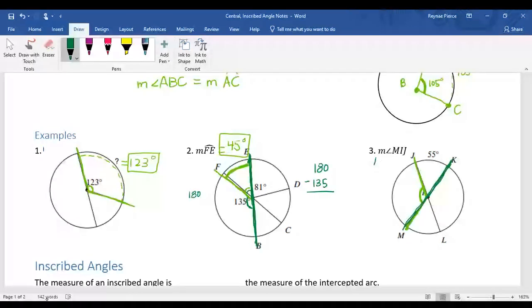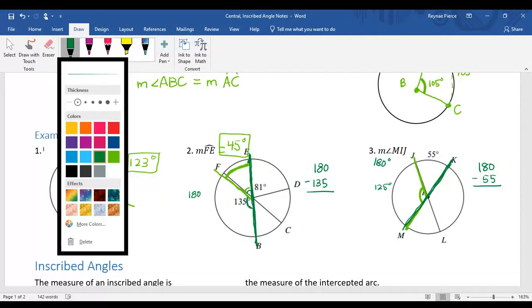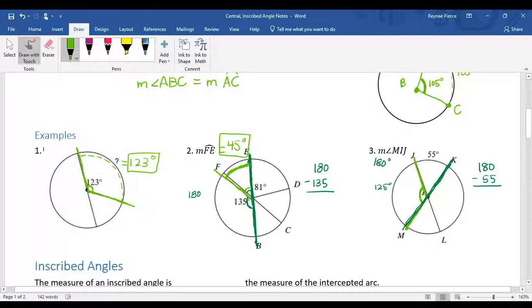So we've got 180 degrees, but we've already used 55. So this arc from M to J has 125 degrees left. Since the intercepted arc and the central angle are of equal measure, angle MIJ is also 125 degrees.